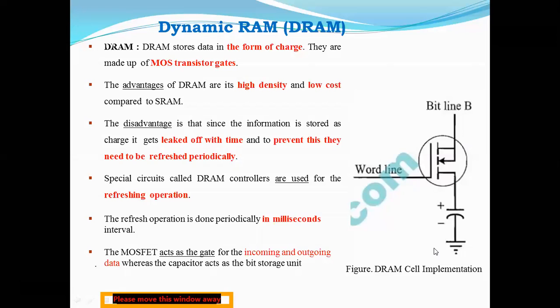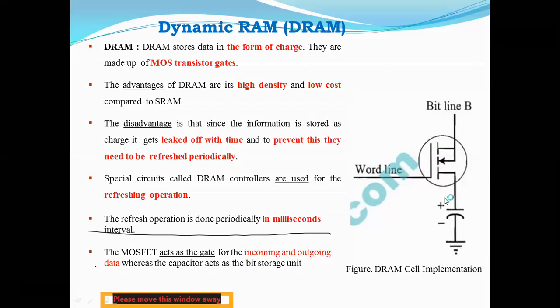The capacitor is storing the data as a charge. Earlier in static RAM, you saw the MOSFET transistors storing the data, but here the data you enter will be stored in the capacitor. But there is one disadvantage here. What happens if the capacitors are used for a longer time?